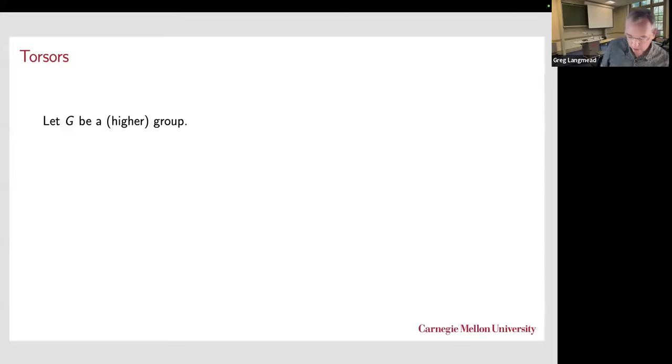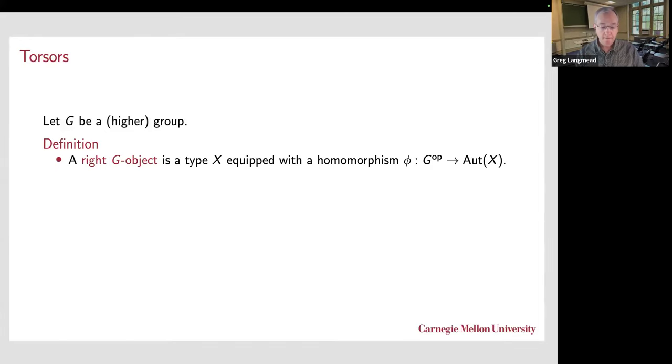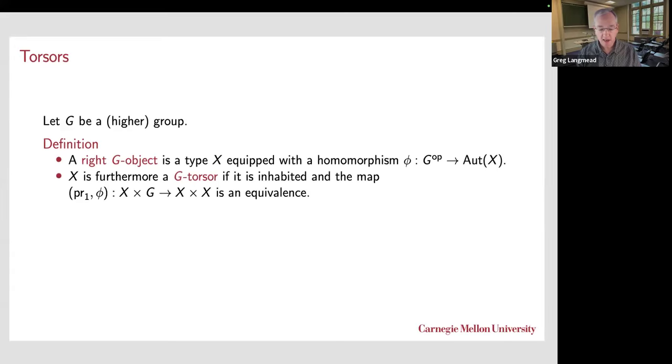So G is a group, any group, higher group. A right G object is a type that has an action of the group, so a homomorphism like this. Such a G object is furthermore a G torsor if it's inhabited and if this map that packages a projection with the group action is an equivalence.